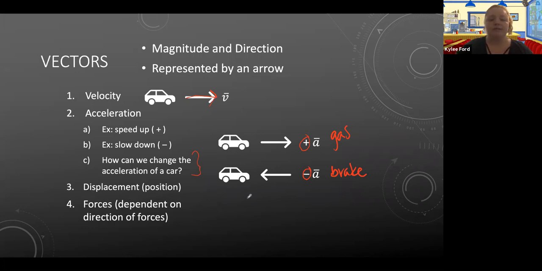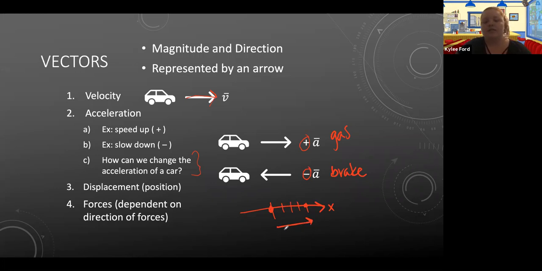Also, displacement can be a vector. So think of it this way. I'm going to draw down here. If I'm just looking at an x-axis here, okay, and I start at this position, and say I get to here, I moved, let's see, 1, 2, 3, 4 spaces, and that was to the right.